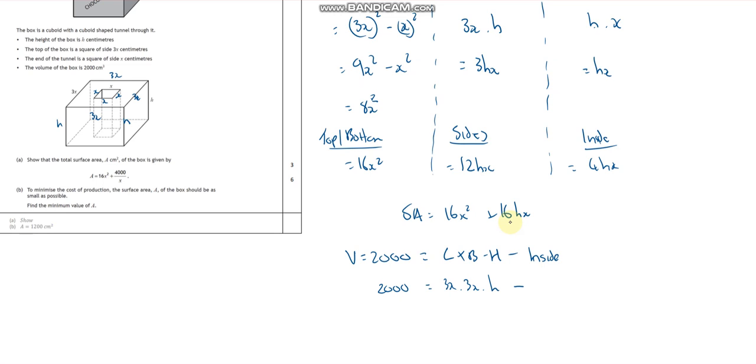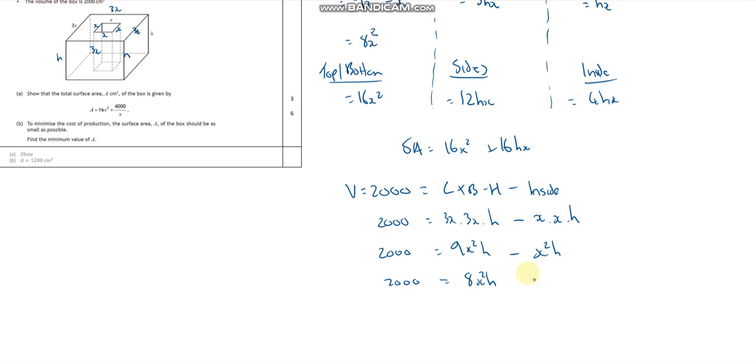Take away the inside, which is x times x times h. So I'll get 9x squared h. Take away x squared h to give me a volume of 2,000, equaling 8x squared h. Fantastic. And then what I'll do is I'll rearrange that and say that h is 2,000 divided by 8x squared.